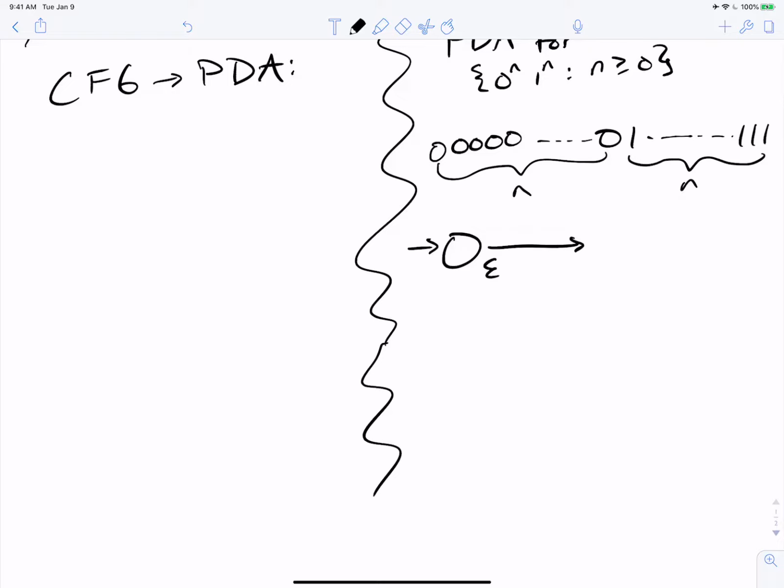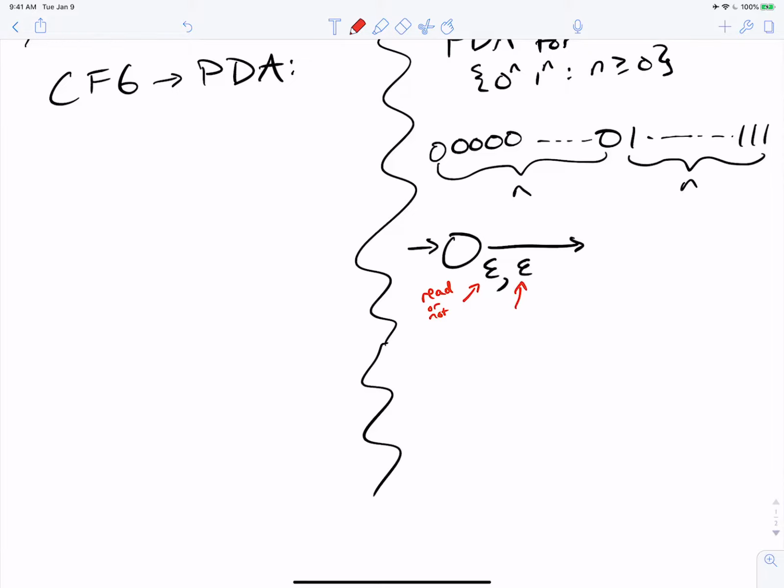Should we pop anything off the stack now? No, and why would that be a bad idea? There's nothing on the stack, and if you pop an empty stack, we are screwed. So we're not going to pop either. The notation for doing that is epsilon, comma, epsilon. The first one always means read or not.